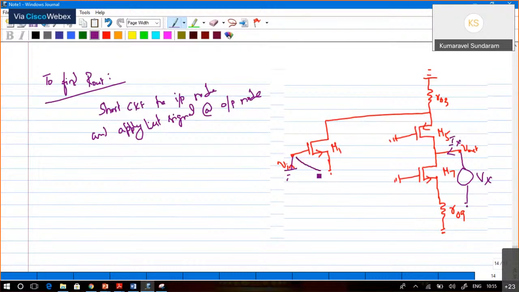So if you apply this one, input signal VGS equal to 0. M1 can also be realized as R01. So I'll write R01 parallel R03 parallel R09.